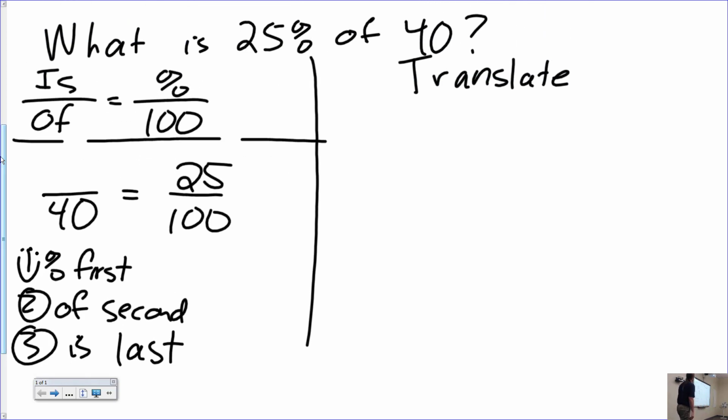What number is associated with the word is in my sentence? There will always be one of them that's an X. That's the whole point. You're going to be given 2 of the 3. You're either going to be given the is, the of, the percent. 2 of those 3, your job is to find the third one. That one will always be x.